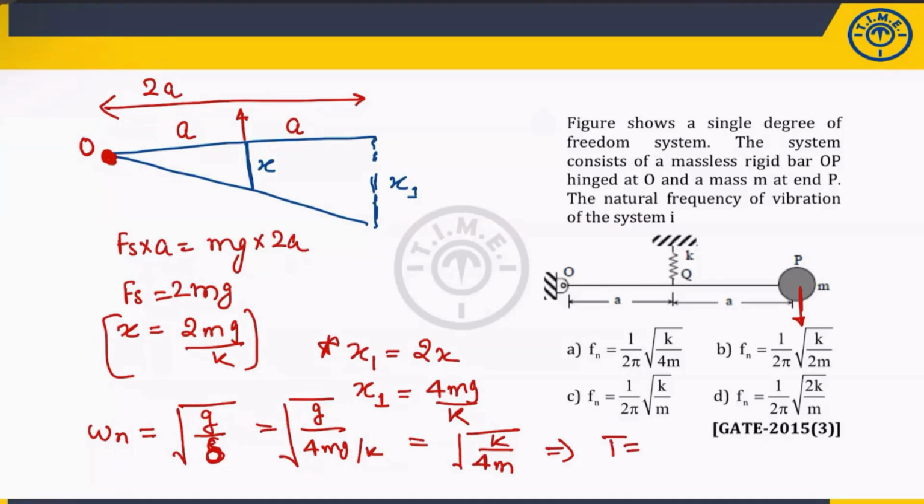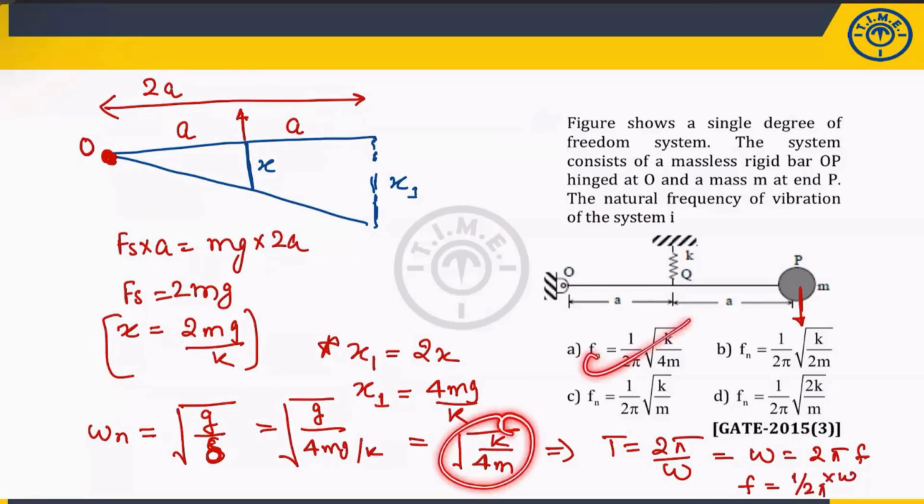Because time period is 2 pi by omega, omega is equal to 2 pi by T, so 1 by T becomes the frequency. Frequency is 1 by 2 pi into omega. And what is this omega value? Root of k by 4m. So what is the answer? A is the correct answer.